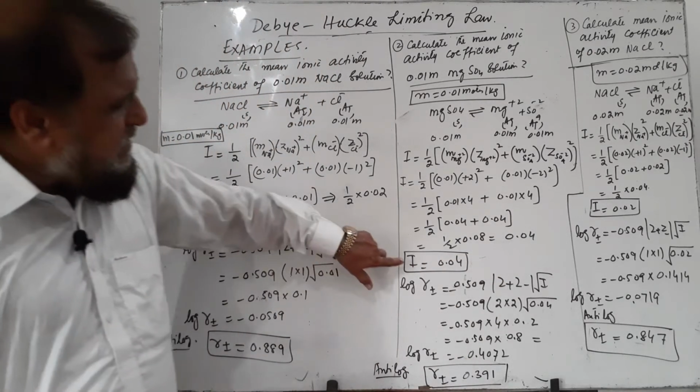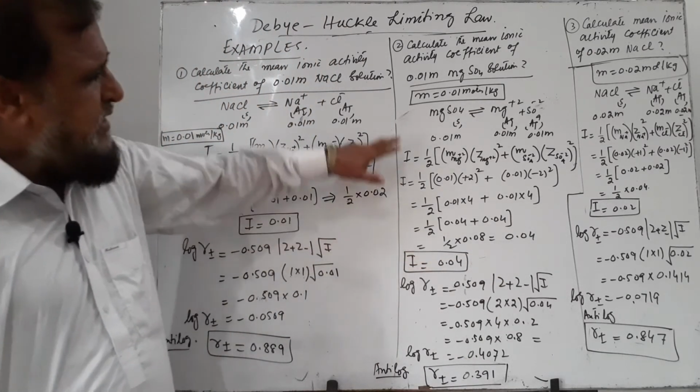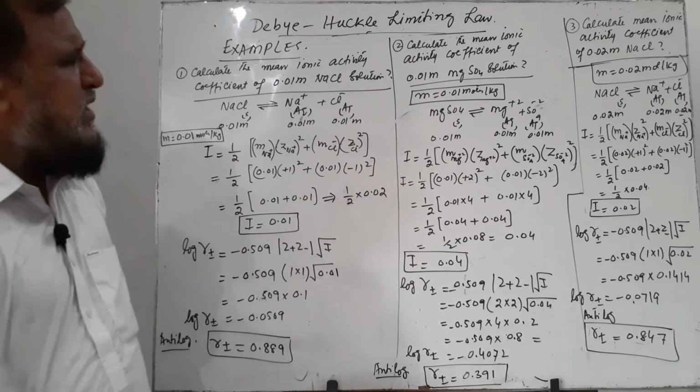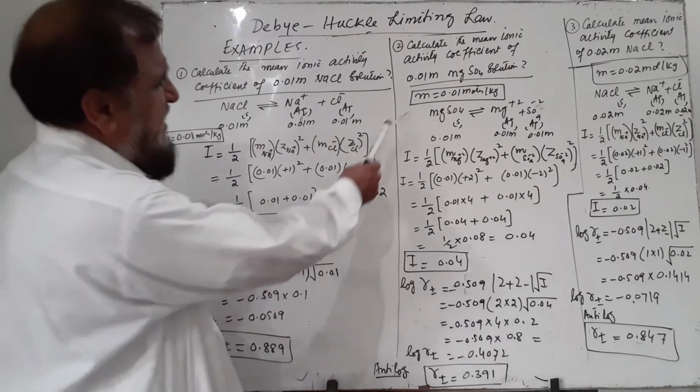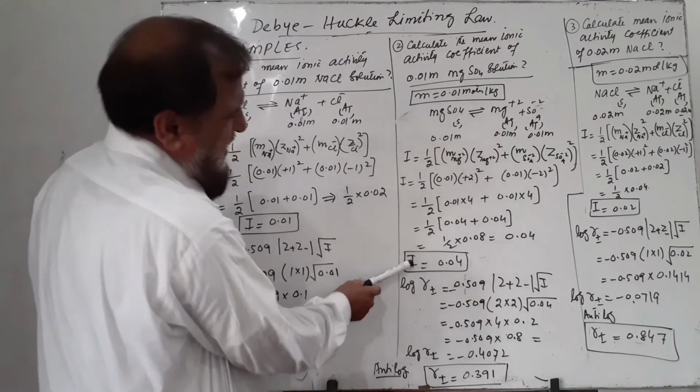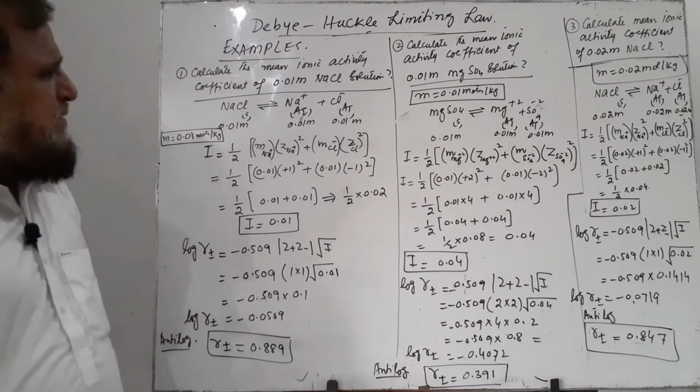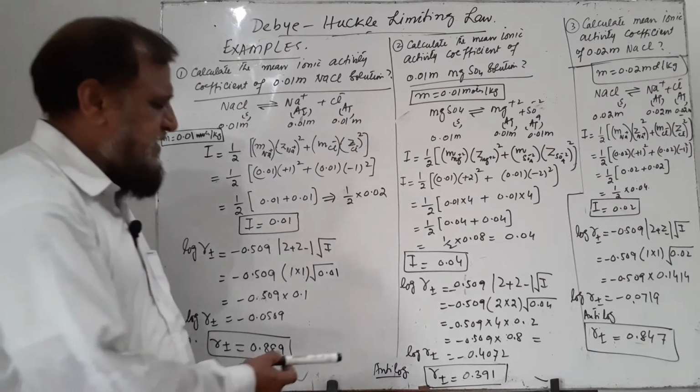The ionic strength is 0.04. For an electrolyte producing two ions, both of which are divalent, when the molality is 0.01, the ionic strength is 4 times the molality, as we had already discussed.